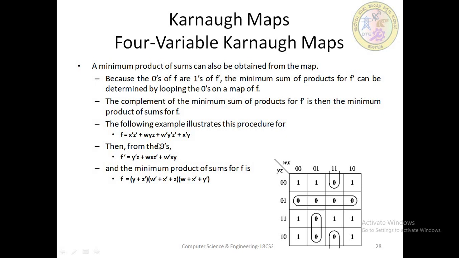If they were considering it for 1, they would have directly mentioned F there. So here Z cancels, with 0 and 1, Y will stay. So Y into W bar X. This is the one term you can see.